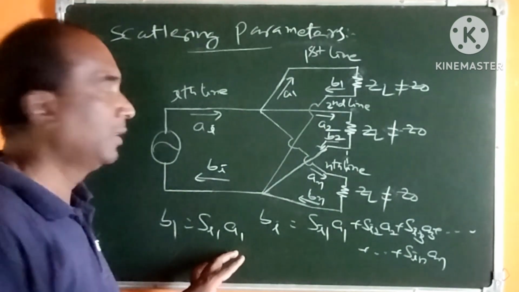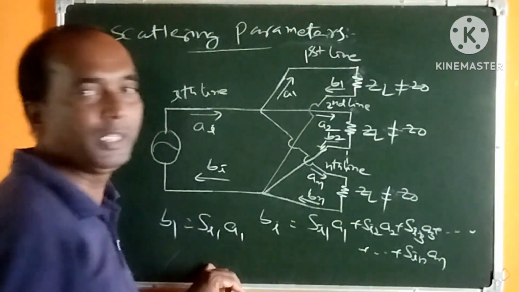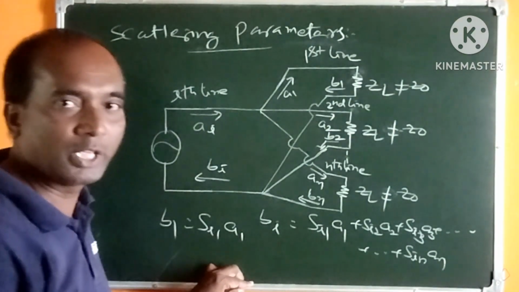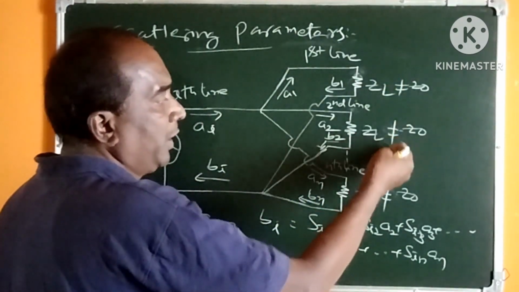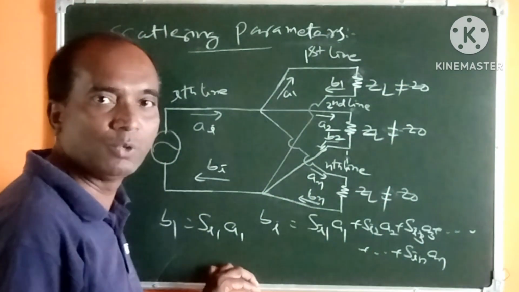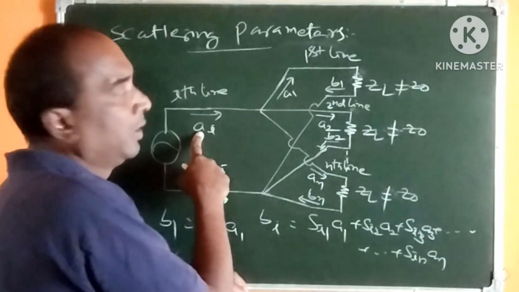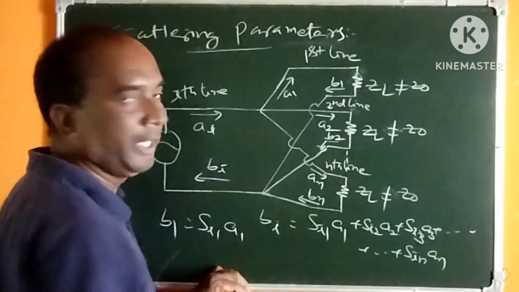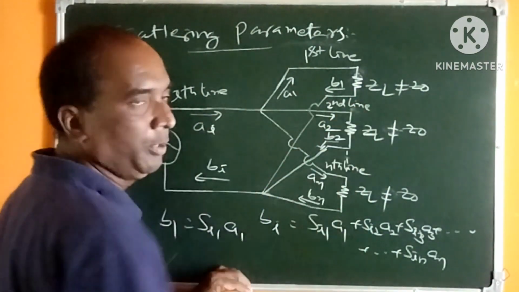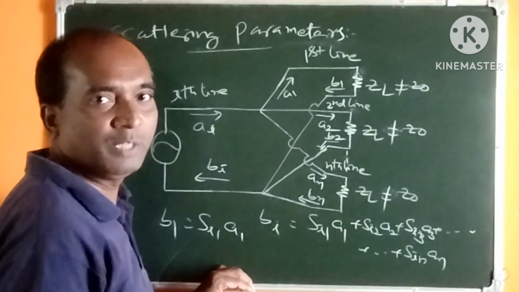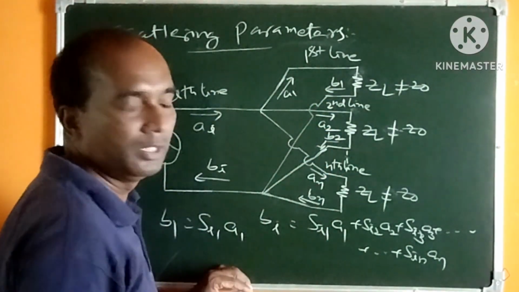Once again, in the second case, we are assuming all the lines have improper termination. Load impedance is not equal to the characteristic impedance, that means ZL is not equal to Z0 for every line. When the input A is given, it splits up between all the lines as A1, A2, A3, A4, etc., An. There is improper termination. Due to that, a reflection may take place, which may be B1, B2, B3, etc., Bn.